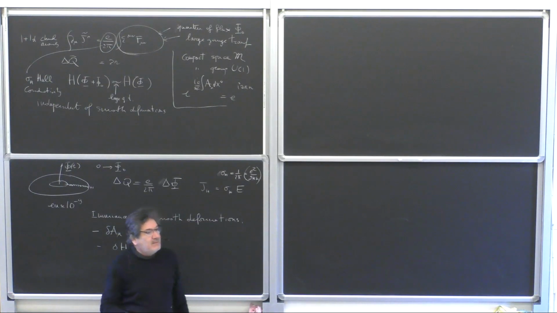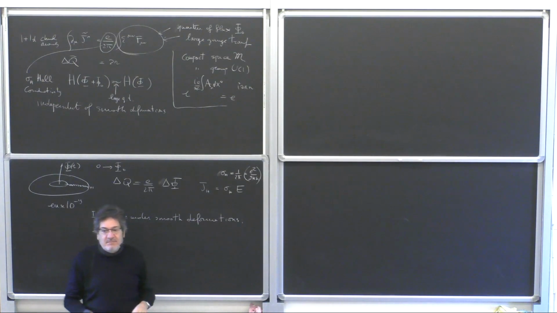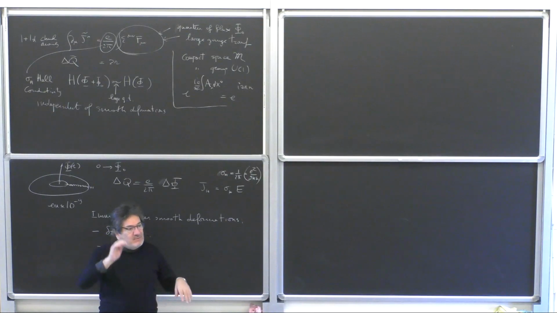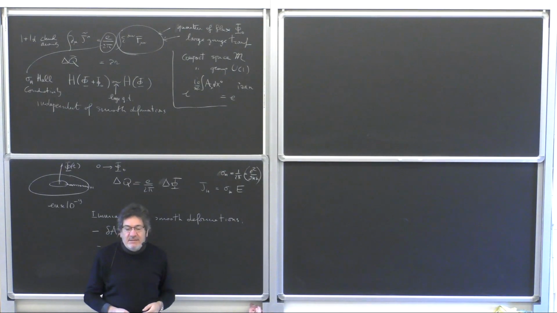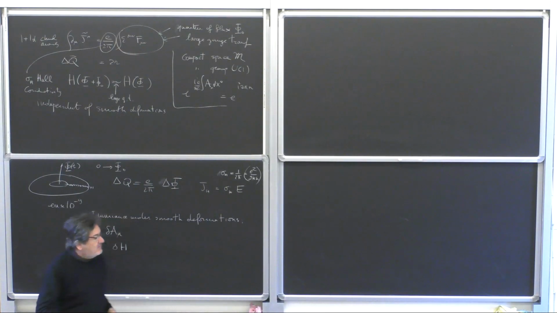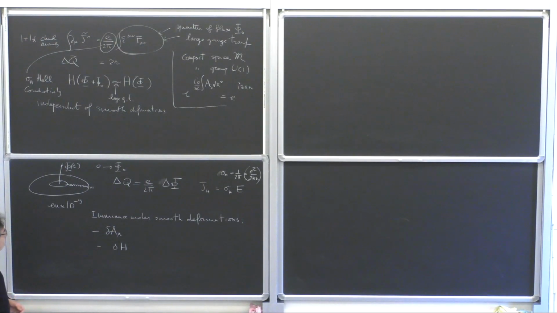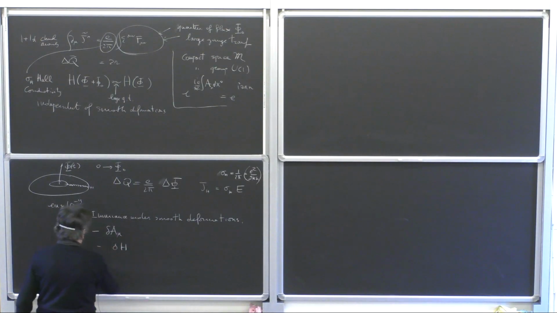Some psychology of fermions, I don't know, some ant going around the lab nearby, or a mouse that wants to grasp a cable in the lab, or anything. So this invariance under smooth deformations is what characterizes the topological phase of matter.